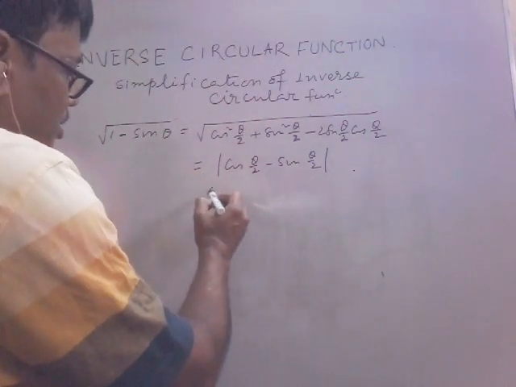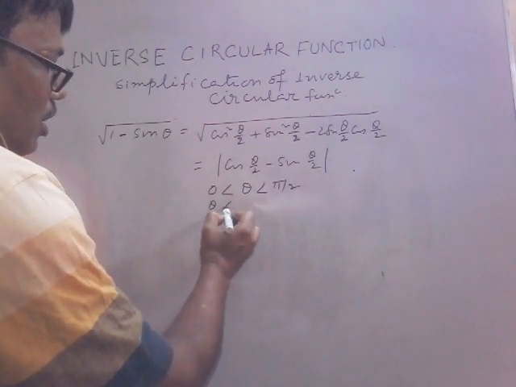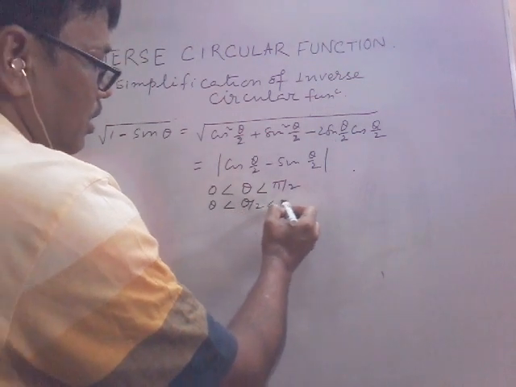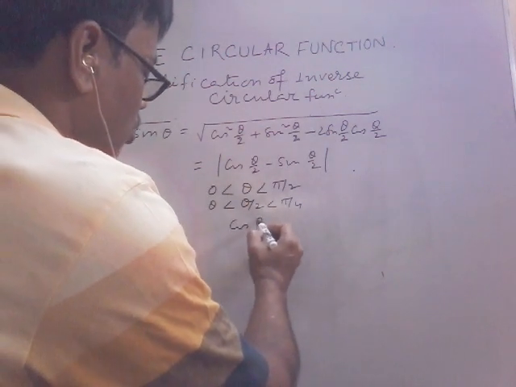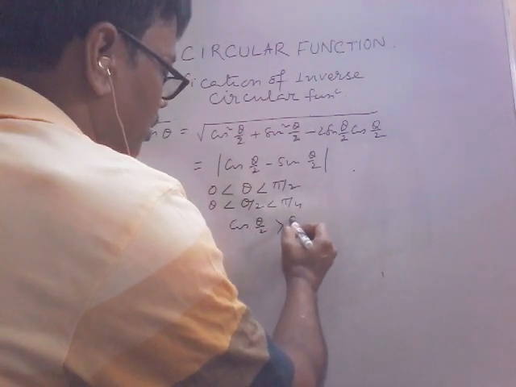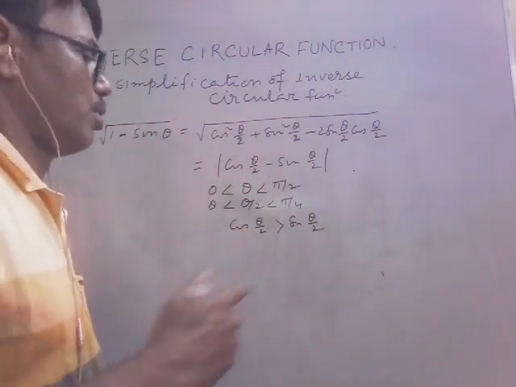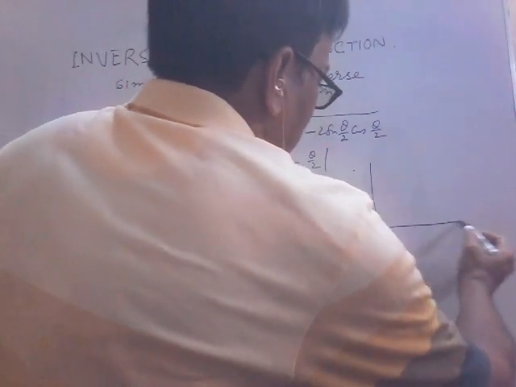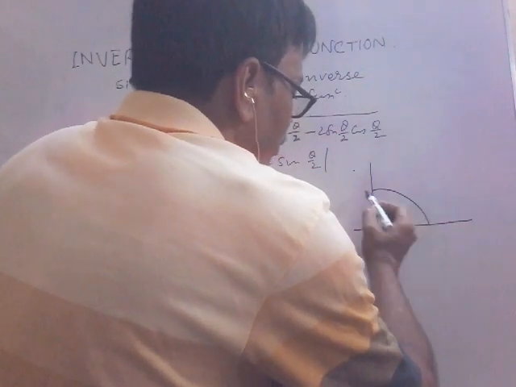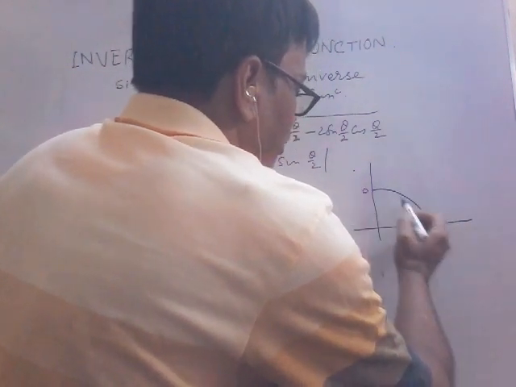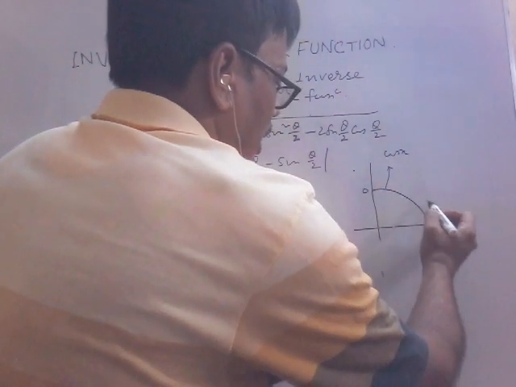Now if 0 less than theta less than pi by 2, then 0 less than theta by 2 less than pi by 4. So in this interval, value of cos is greater than sin theta by 2, because in between 0 to pi by 4, value of cos is greater than value of sin. Look, 0 to pi by 2, this is cos curve, and sine curve.